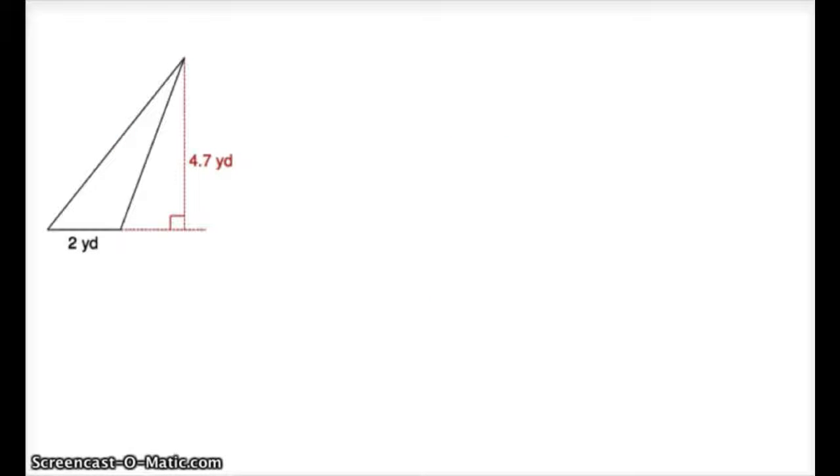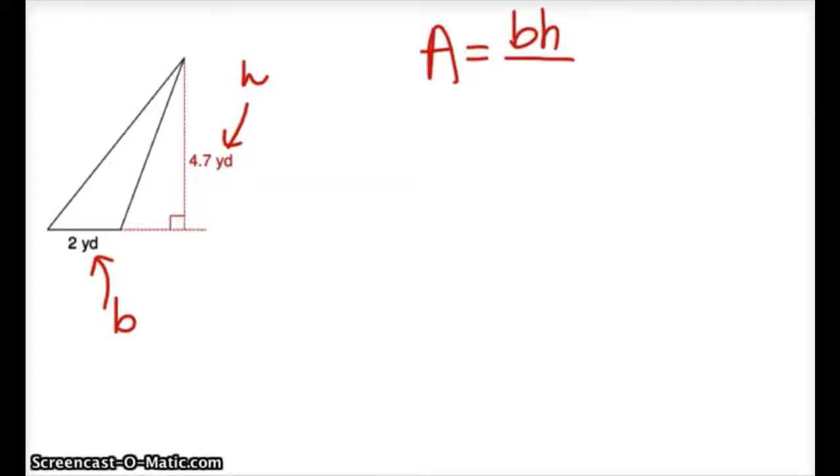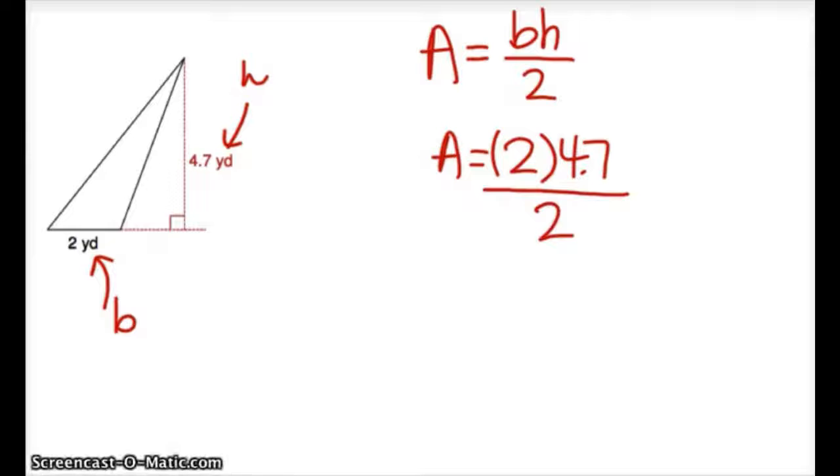Third example, my height is 4.7 and my base is 2. My formula, A equals base times height divided by 2. My base is 2 and my height is 4.7. Then I'm going to divide that by 2.